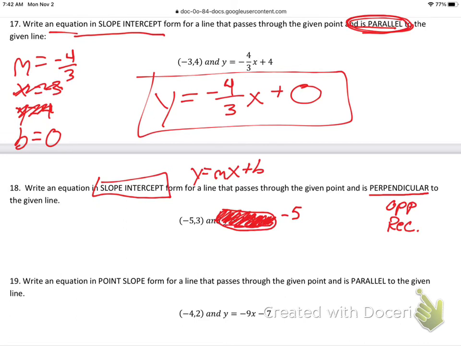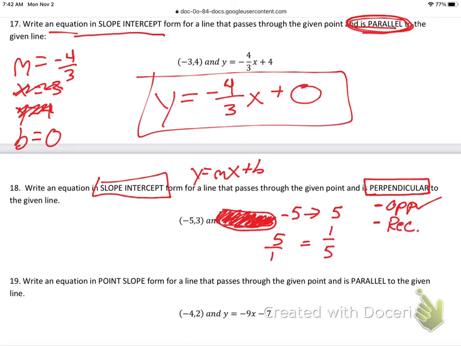So if the slope for that line is -5, and I want to make a line that is perpendicular to it, I need to do the opposite and the reciprocal of it. So the opposite of -5 is 5, right? So that's done. 5 is like saying 5 over 1, because any number is just over 1. So to make it the reciprocal, I flip it.